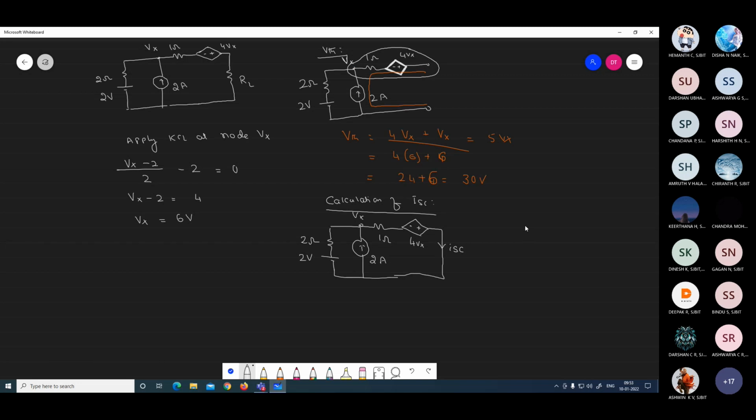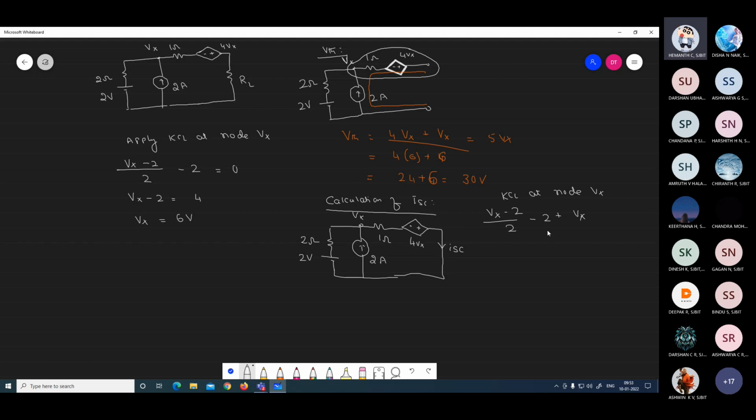How to find out a short circuit current? Again, apply the KCL at node Vx. The current flowing to this branch, left hand side branch, is Vx minus 2 divided by 2. Current entering minus 2 plus Vx. What is the current flowing to this branch? ISC. What is the formula? Node equation.